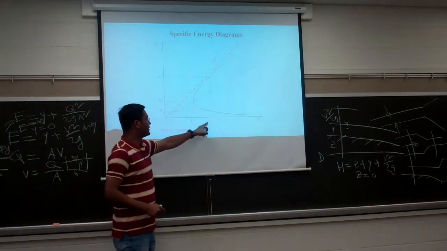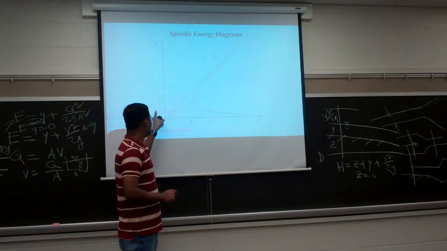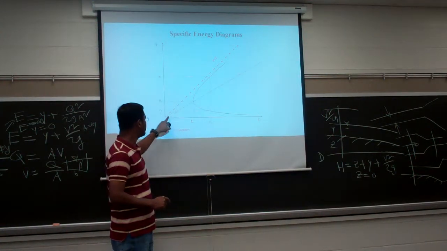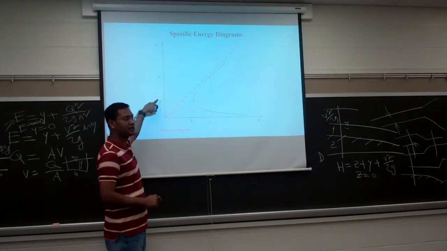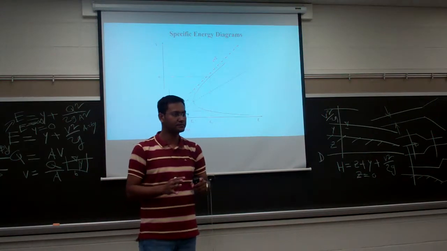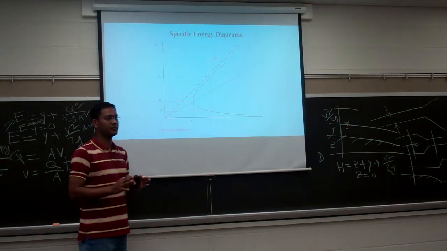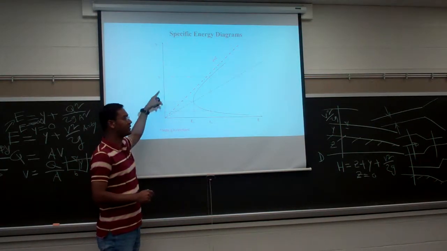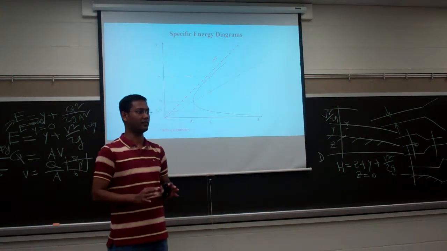And we know for a certain specific energy we have two depths, and if I know only one depth, I can easily find out the other depth. So see here, y1 is less than the critical depth. When the depth of water is less than the critical depth, the flow will be supercritical. And when the depth is greater than the critical depth, the flow will be subcritical, right?